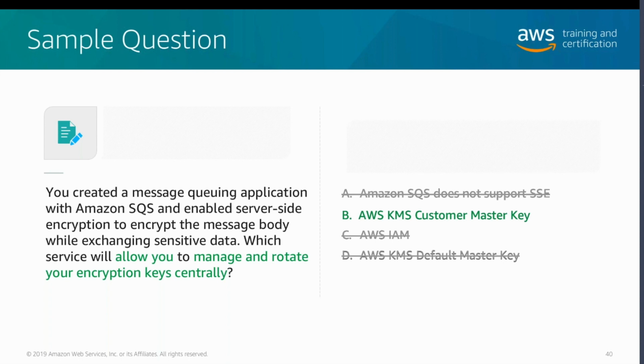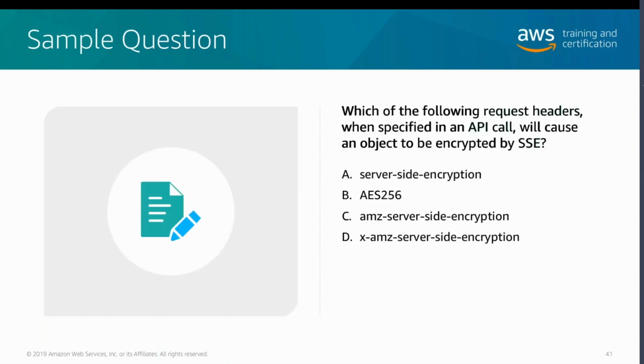So understand the different ways that you could protect the data that you're storing on AWS. Okay, which of the following request headers, when specified at an API, will cause an object to be encrypted by server-side encryption?